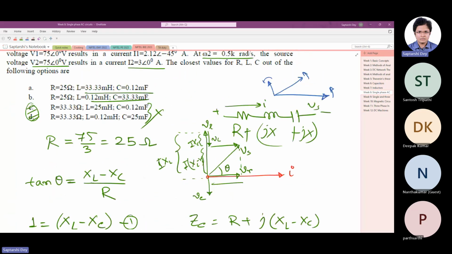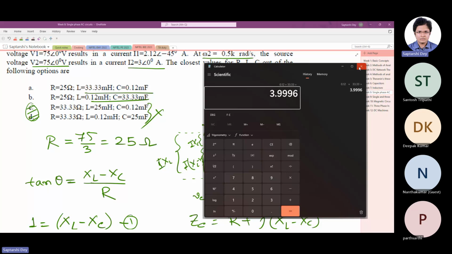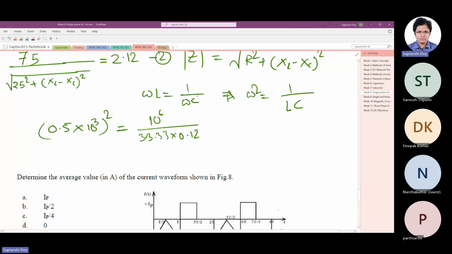This I think cannot be. Let us see the other one. 0.12 times... they're the same thing. Oh, okay. So no, this is not going to give you the same answer.